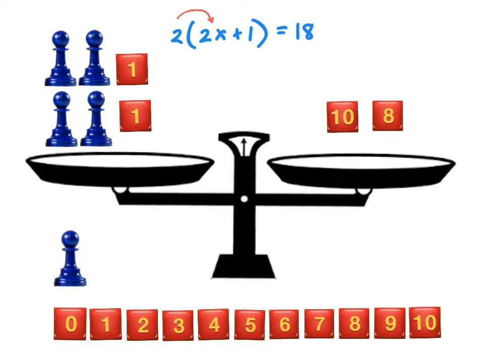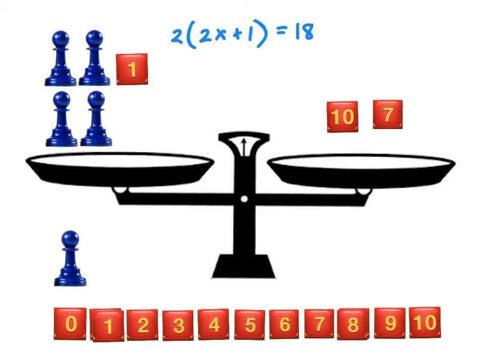So we have 2 groups of 2 x's, or 4 x's, and then 2 groups of 1 or 2. So we should have 4 x's, 1, 2, 3, 4, and 2 1's, 1, 2, which is equal to 4x plus 2. And we can now go about solving this. I'm going to take away 1 from each side.